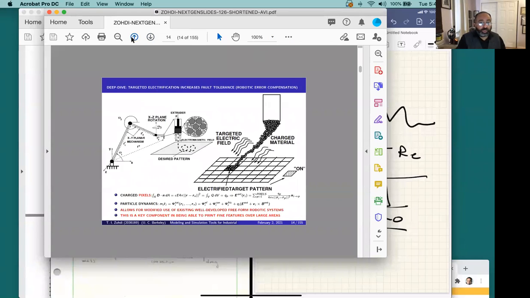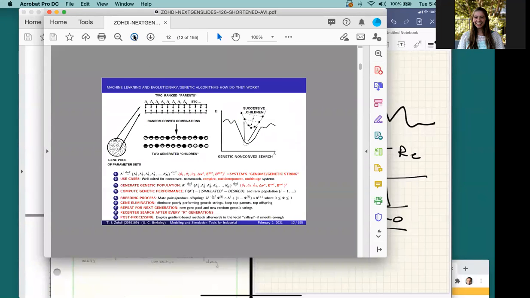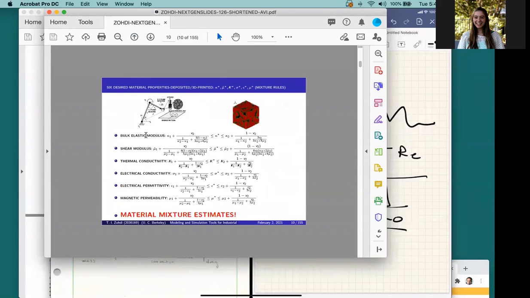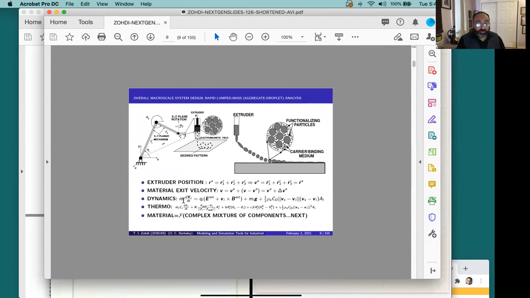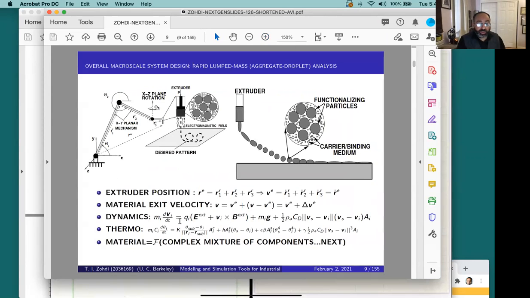If we're looking at the differential equation for the mass, just give me one moment. If we're looking at exactly the forces that are acting on the piece of material, you're absolutely right, it's the acceleration. But the problem is that we need to integrate that to be able to get where the particle is and where it's going to land.